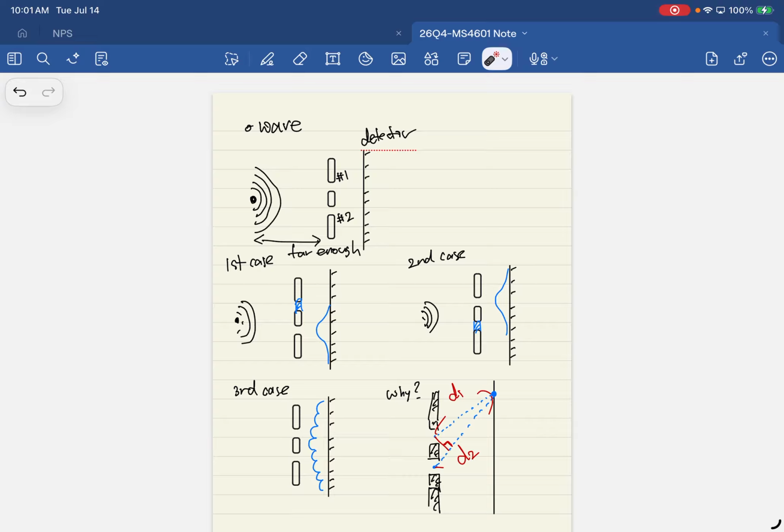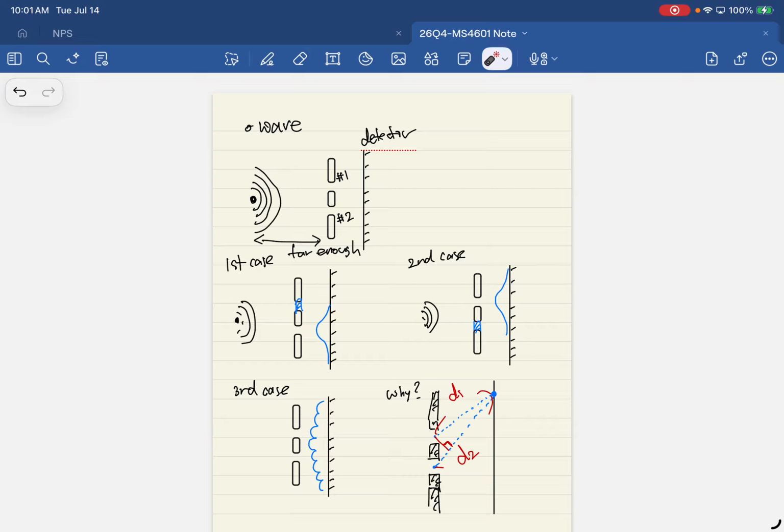Since the source is at an equal distance from those two holes, the wave arrives at the holes at the same time. If we look at this point, we can estimate the distance between this point and hole 1, and the distance between this point and hole 2.